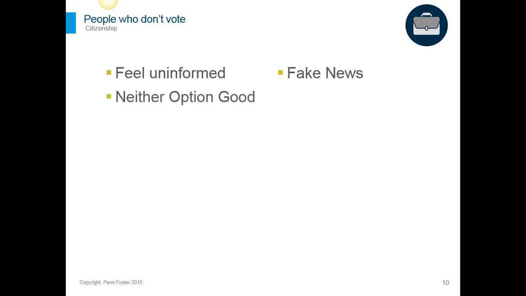People also talk about that neither option is a good option. You can easily point to last year's presidential election. Both Hillary Clinton and Donald Trump had very high unfavorables. Both had very high negatives in terms of what people thought of them. And in the case of the election, it basically came down to who had the last bit of bad news.